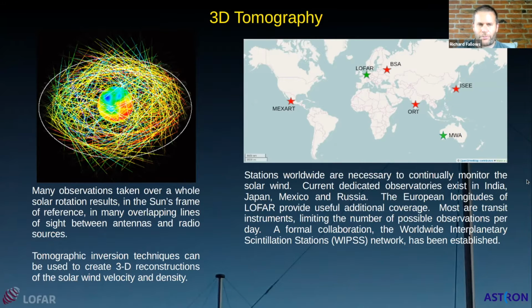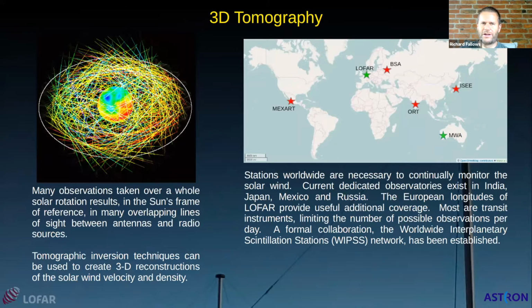What we're going to move on to now is to talk a little bit about what we can do with the IPS data, more in the real world, as it were, in a space weather context. If we have many observations taken over a whole solar rotation from any of the instruments, then in the Sun's frame of reference it results in many overlapping lines of sight between the antennas and the radio sources.